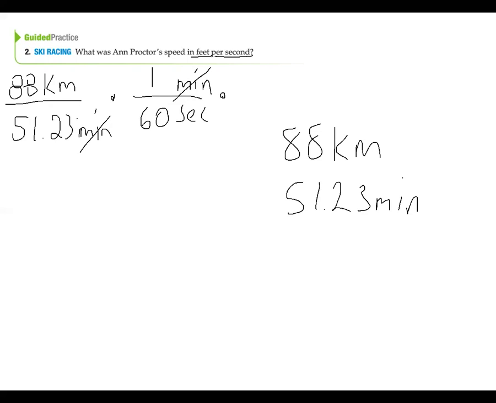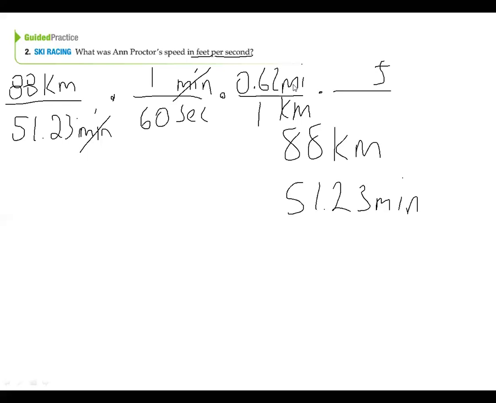So if I want to cancel out kilometers, and the reason I go to miles is because then I know how to go from miles to feet. So anyway, I want to cancel out kilometers, so they go in the denominator here and miles up here. And they said 1 kilometer is 0.62 miles. And then I have to do a third fraction that cancels out miles and converts it to feet.